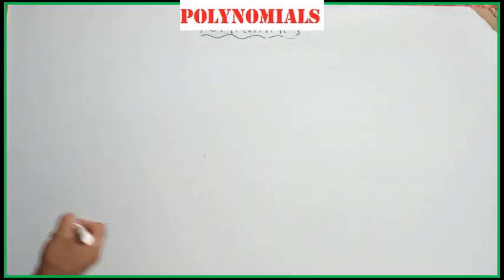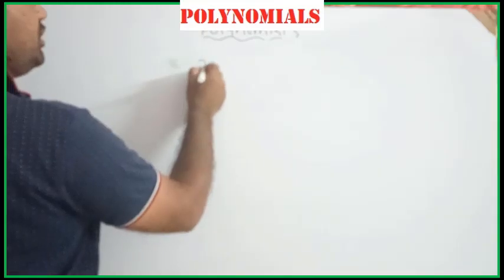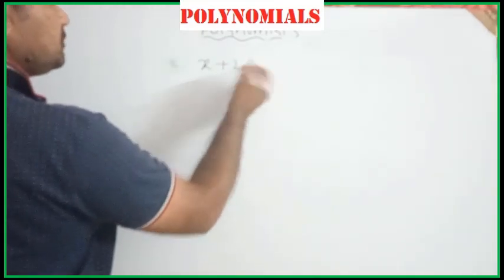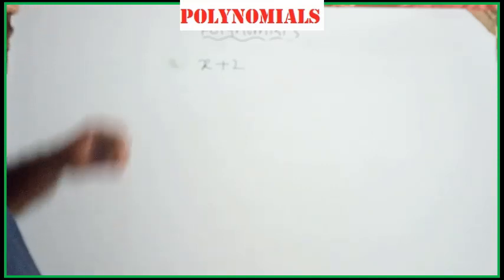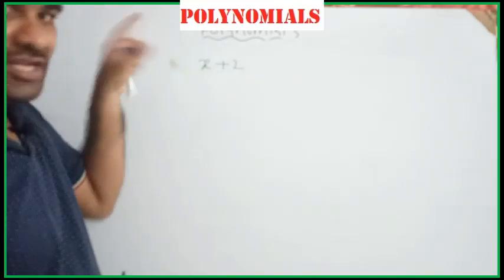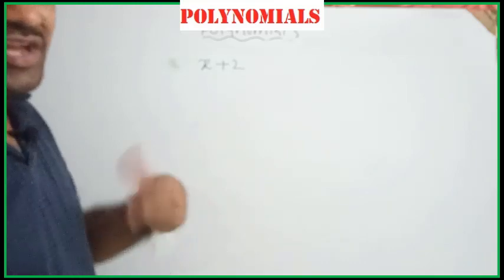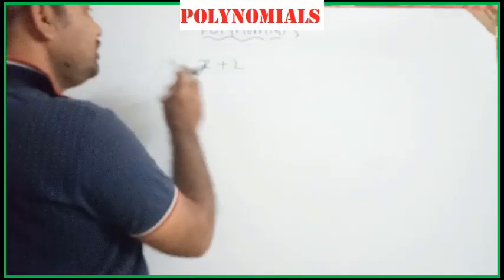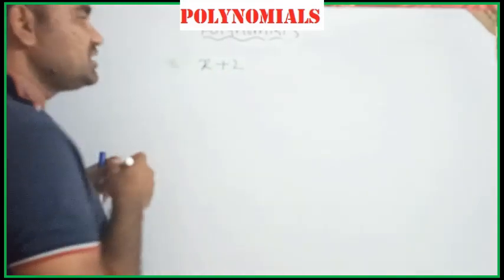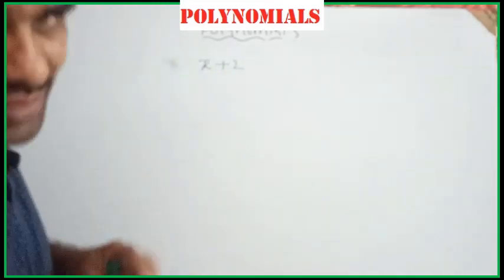Now the next one is, what is the geometrical meaning of zero of a polynomial? Okay, next concept, geometrical meaning of zero of a polynomial. x plus 2 is a polynomial in one variable. What is the zero of this polynomial? I can say minus 2. But you want the geometrical meaning. x plus 2 depends upon x only.